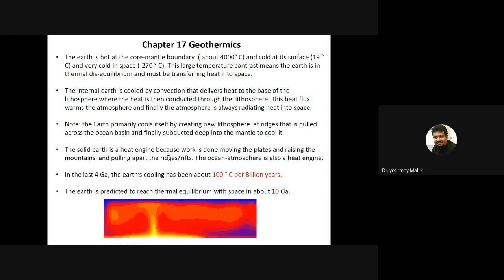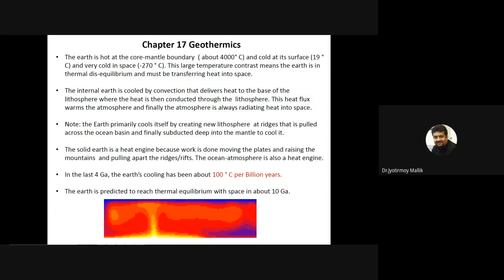So the solid Earth is a heat engine because of the work done moving the plates, raising the mountains and pulling apart the ridges and rifts. Because of that thermal disequilibrium, we see all these plate motions happening. As a result, we have ocean building and mountain building, all these processes. So it's a heat engine where that thermal disequilibrium is creating all these processes.